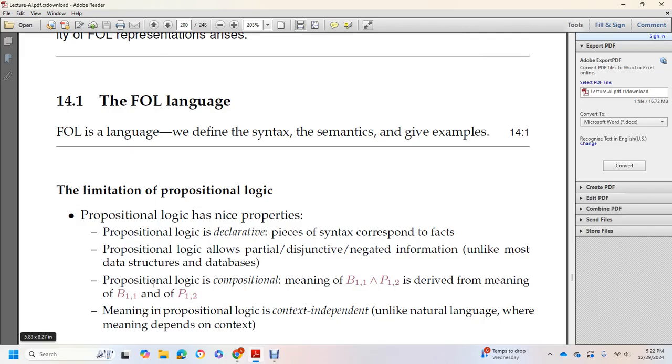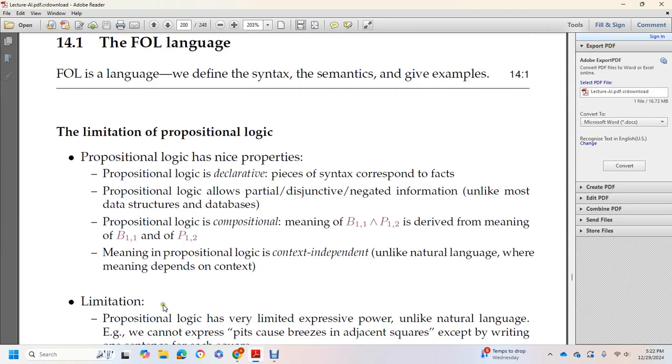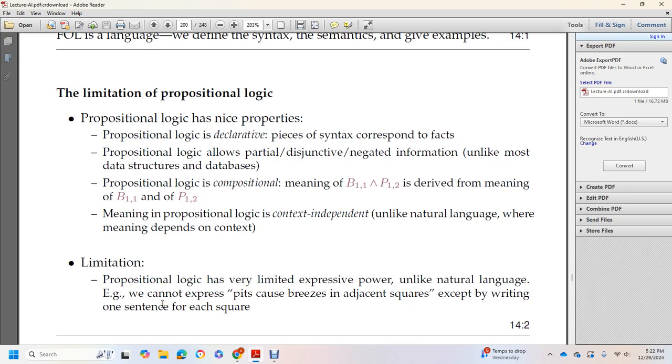Propositional logic allows partial information, disjunction and negation, unlike most data structures and databases. Its meaning is derived from the meaning of B1 and B2, and propositional logic is context independent, unlike natural language, where the meaning depends on the context. Limitation: propositional logic has very limited expressive power on natural language. We cannot express, for example, the covering of the previous adjacent squares except by writing one sentence for each square.